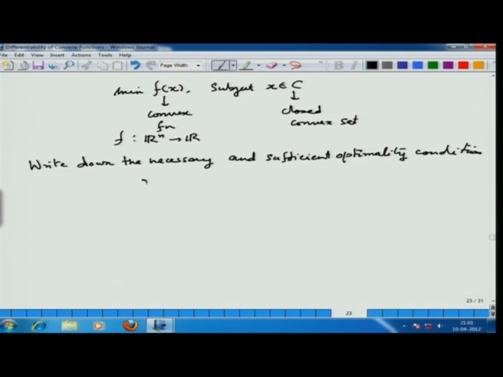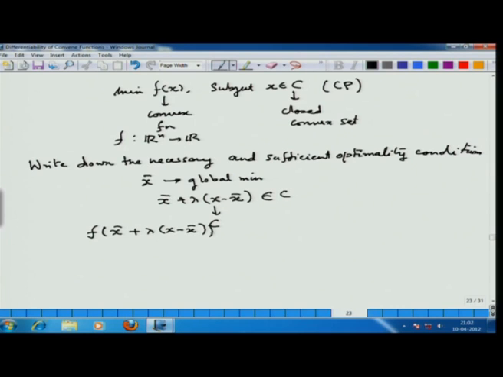Now, if x bar is a global minimum, so this is my problem CP which I had already written, convex programming. So, x bar is the global minimum, consider x bar plus lambda times (x minus x bar) where x belongs to C. Then by convexity of C this belongs to C and by the global optimality of x bar this is greater than or equal to 0.